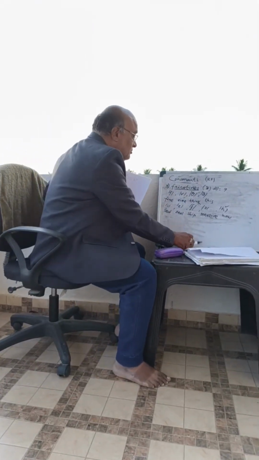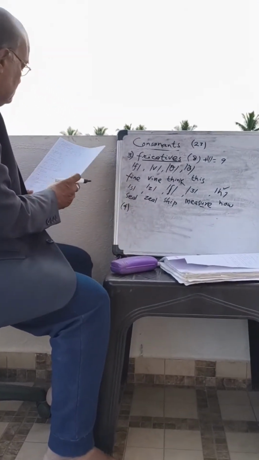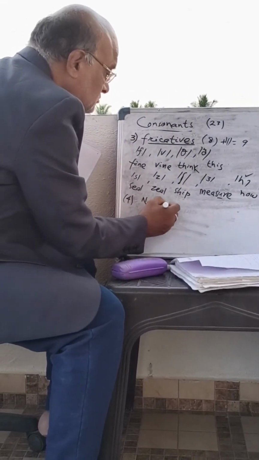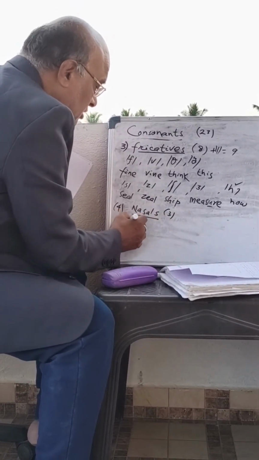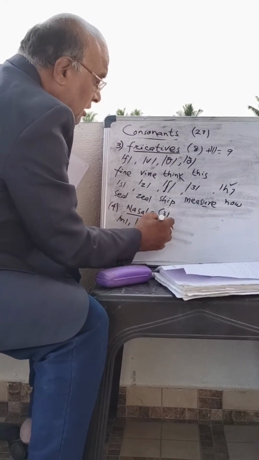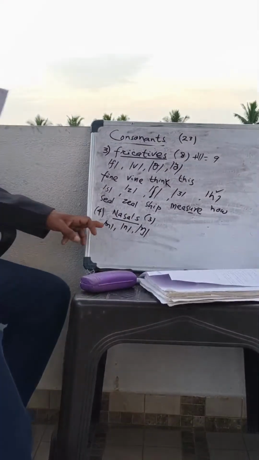Then number four, nasals. There are three in number. One is m, n, ng.